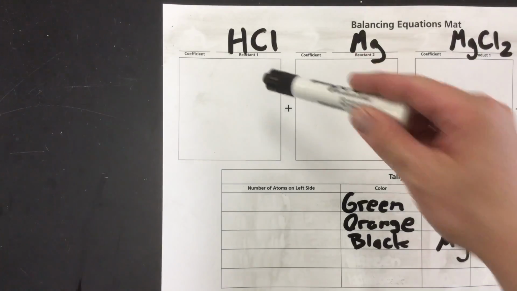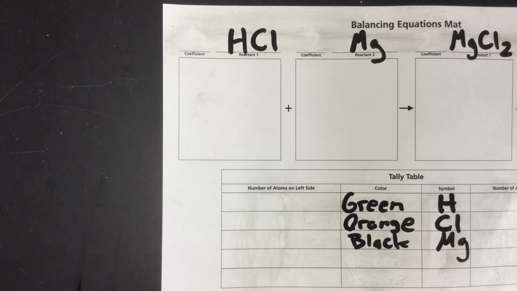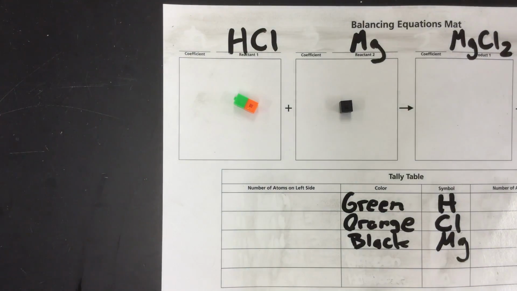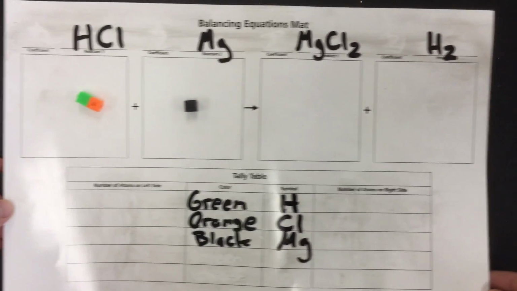We have HCl, hydrochloric acid, and magnesium. Magnesium we'll represent with a black cube, one atom of magnesium, and hydrochloric acid we'll represent with an orange and green combination, where green is hydrogen and orange is chlorine. Those are the reactants.